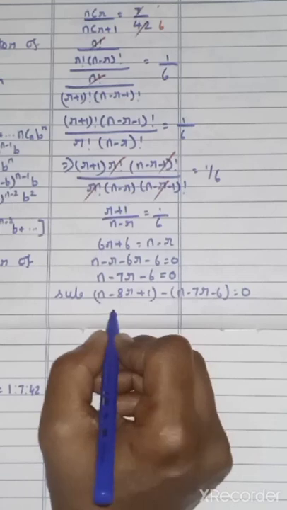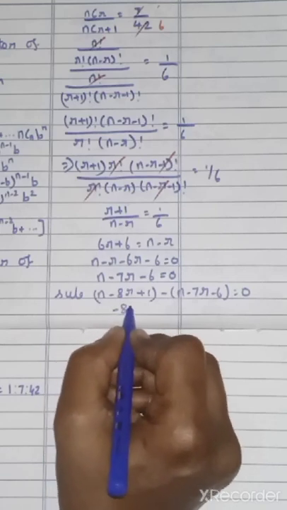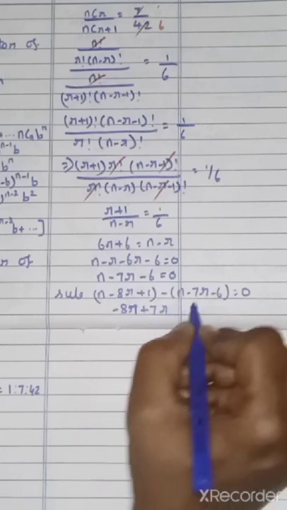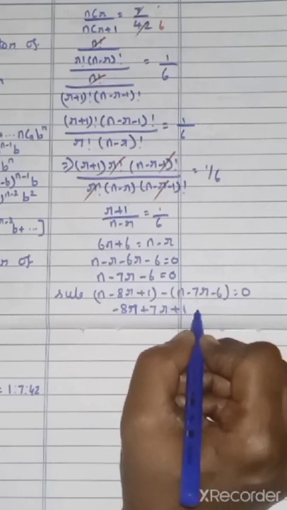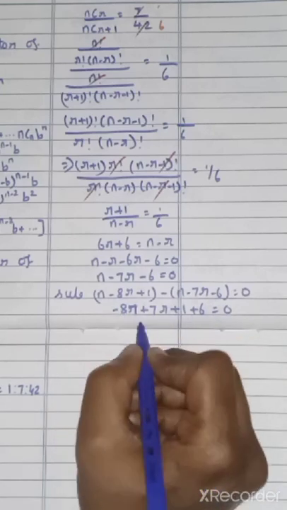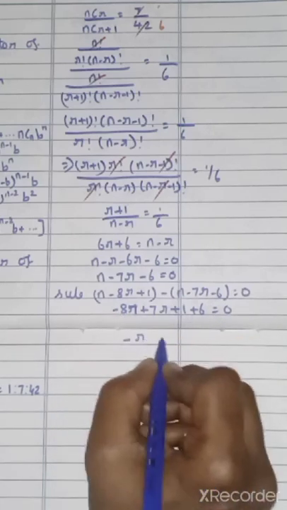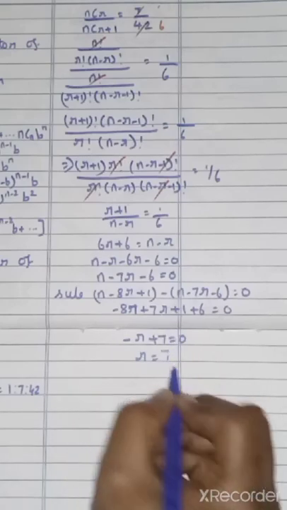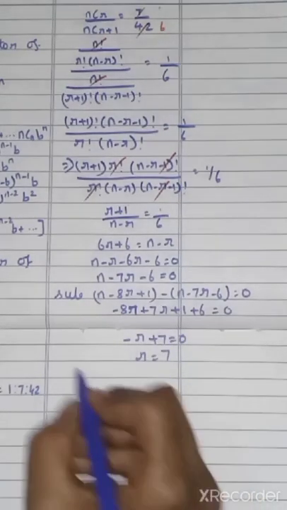So n will get cancelled, minus 8r plus 7r plus 1 plus 6 equal to 0, that is minus r plus 7 equal to 0. So r equal to 7. We got r is equal to 7.